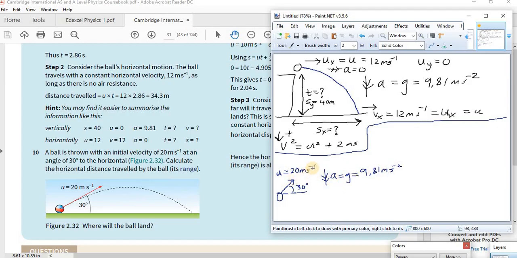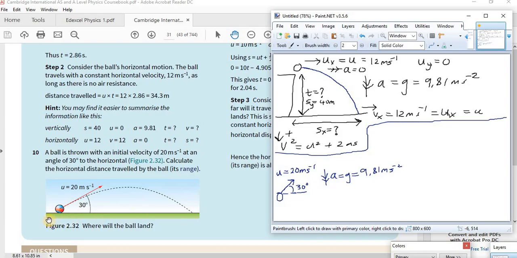What will happen is it will follow a path like that and hit somewhere here. You can see the vertical height is 0. Once it goes and comes back, the vertical displacement is 0. This is the horizontal displacement.